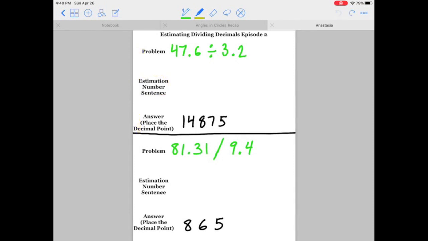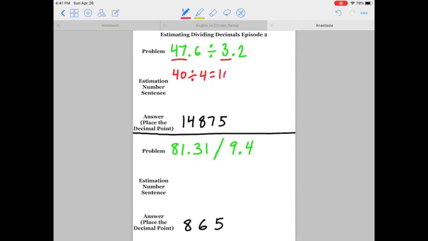So I have 47.6 divided by 3.2. So I'm going to figure out a friendly estimation number sentence, something friendly close by 47 and 3. My first initial thought is 40, because that's close to 47, divided by 4, because 4 is close to the 3.